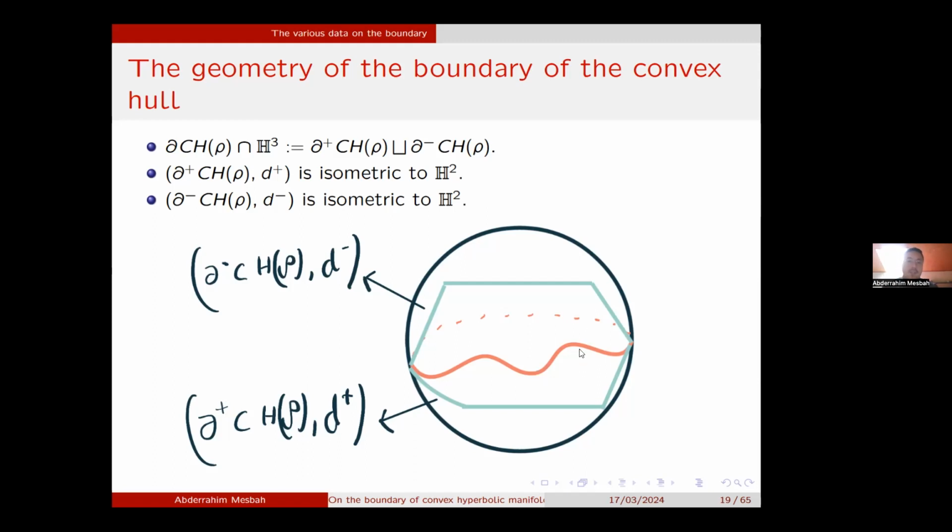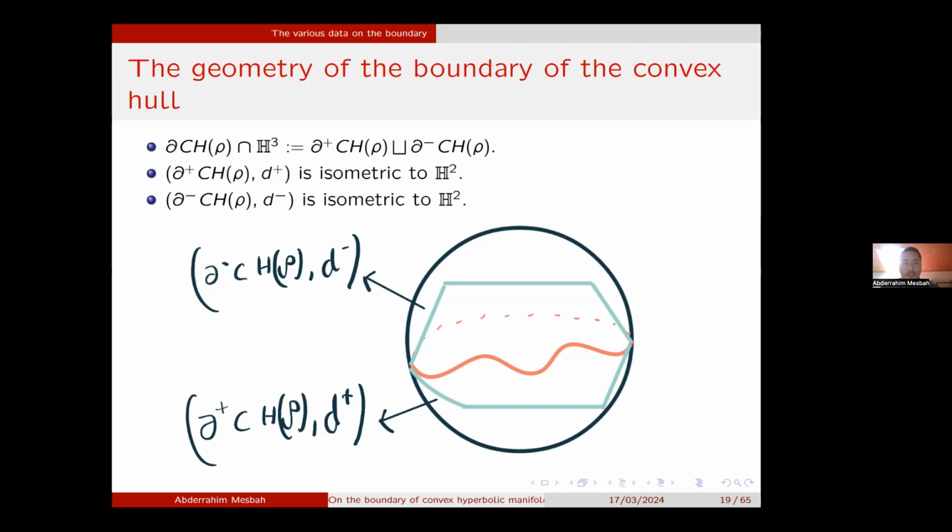is two topological disks. We do not like that. Also, an important thing is that they are not smoothly embedded. They have another structure that we will talk about later in this talk.